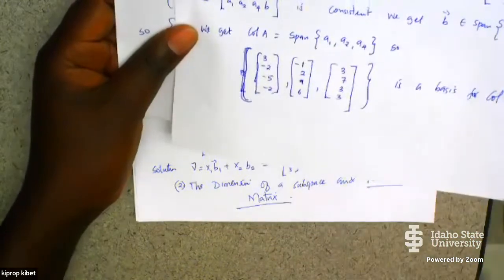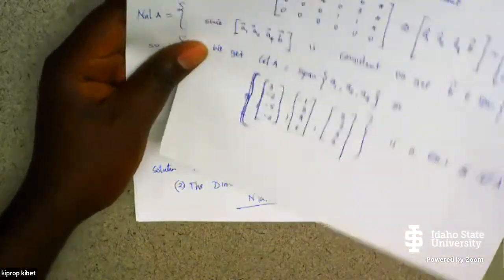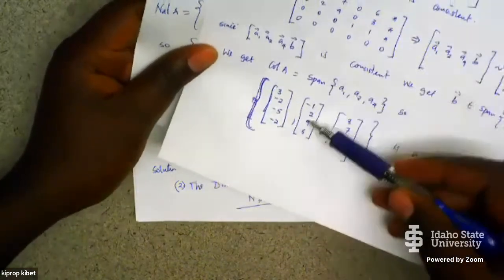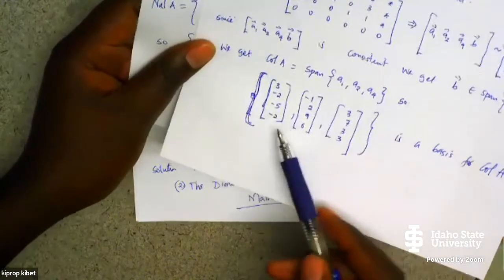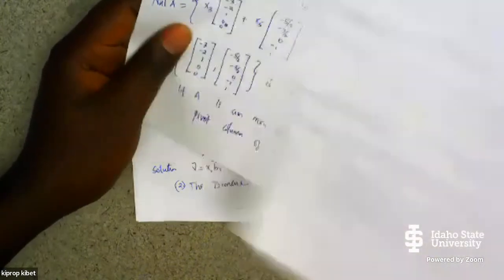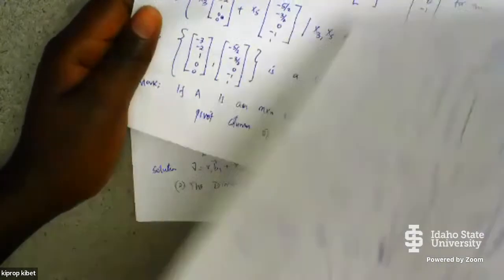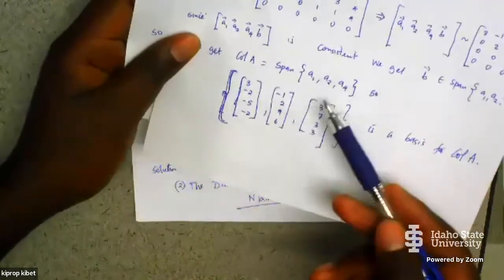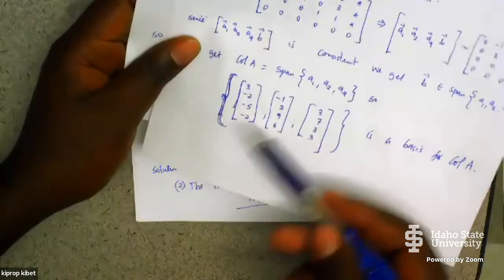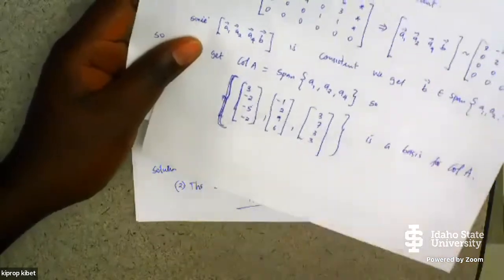The rank is the dimension of the column space. That is so easy. We'll just repeat the same thing, but what we're looking for is the dimension of the column space, which is the rank.